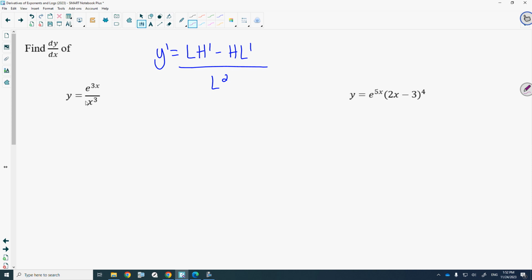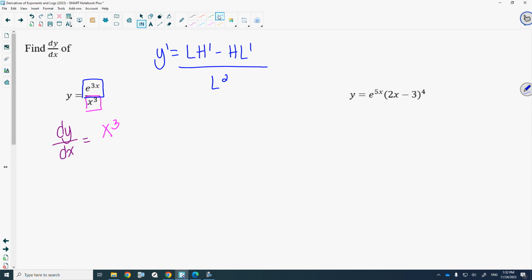y is equal to e to the 3x over x cubed. So differentiating y prime, actually maybe I'll write dy dx since that's what they're asking me to find. dy dx is equal to low d high.